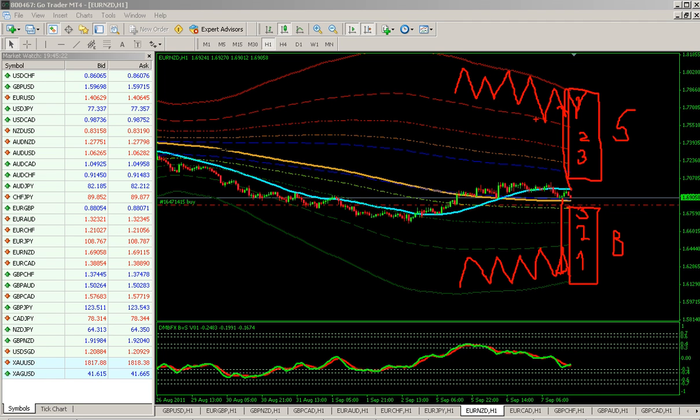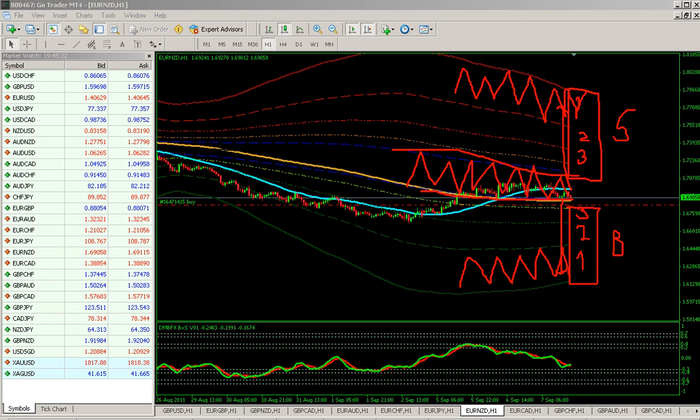So that's pretty much the first condition that we have. Keeping in mind that you have the sell zones up here and the buy zones down here, in between, as you can see here, we have something called the neutral zone, within the blue line.